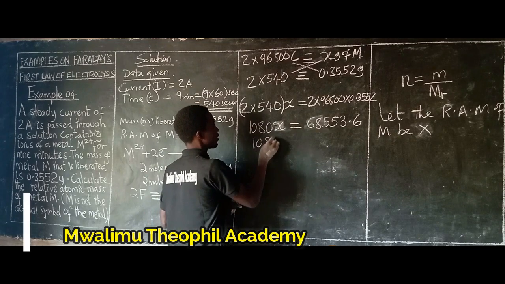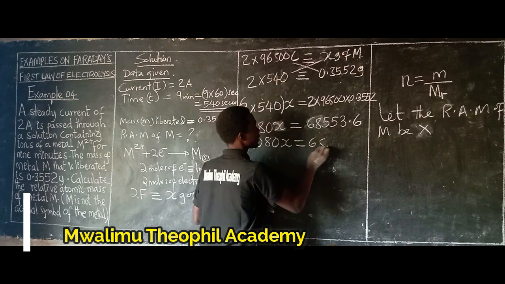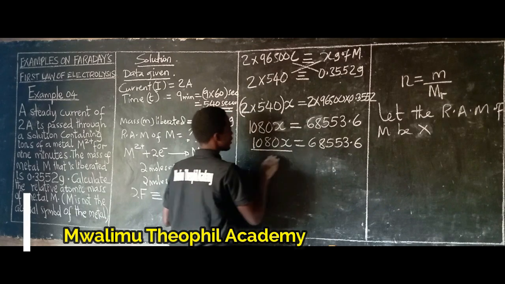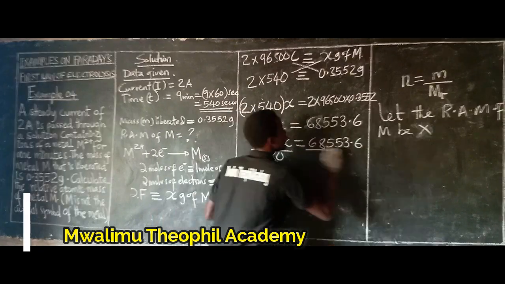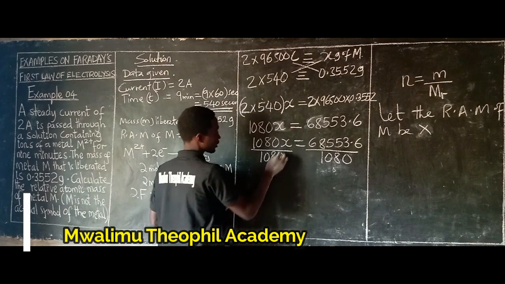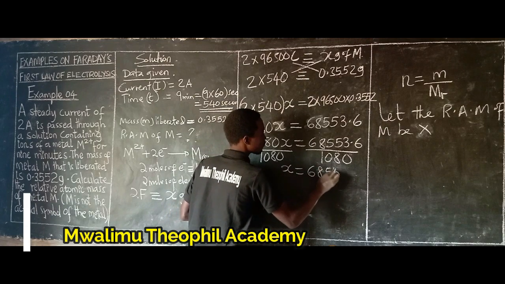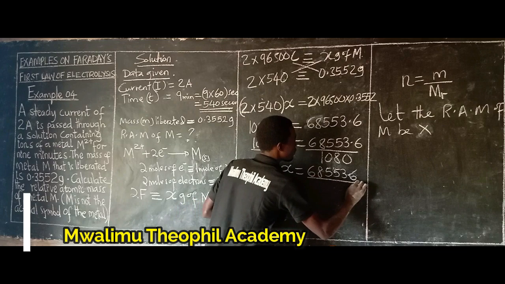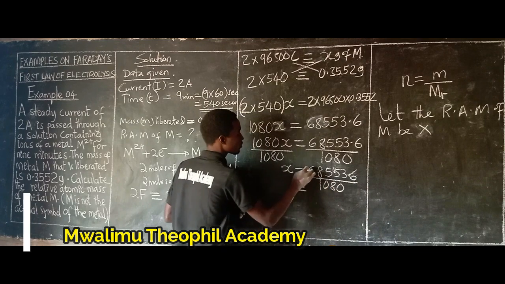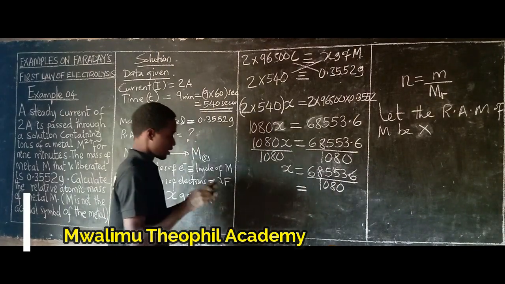So we divide both sides by 1008. Now our x will be equal to 683.6 over 1008. Now you have to know this one is going to give us, let us divide.